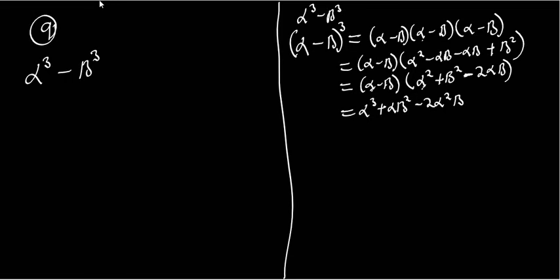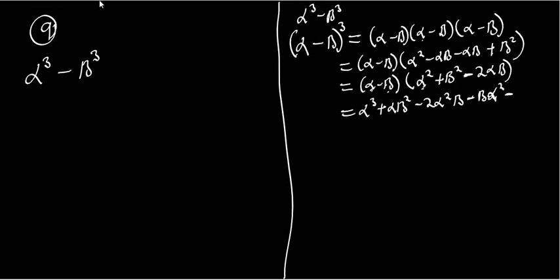Alpha times this one, right? Meaning that it will be, oh, we have already done that. So let's go to beta. Beta times this one, that is beta times alpha squared. Beta times beta, it is minus here, right?